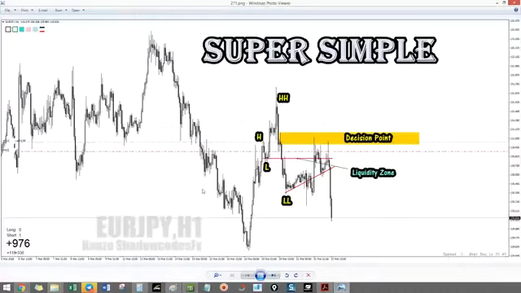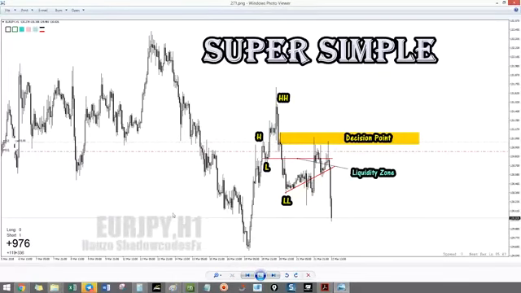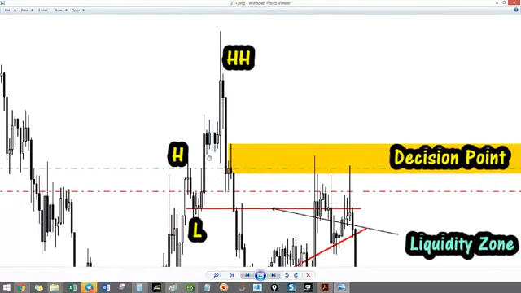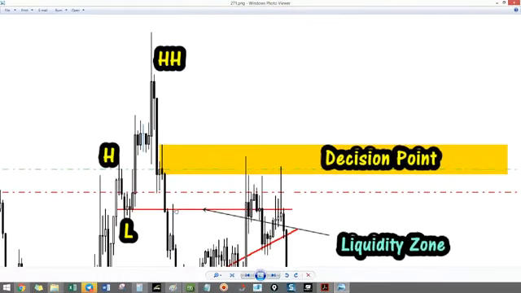This one? Okay, same thing on EJ, Euro, JPY. It retrace inside here. So this one, I think I already explained also.